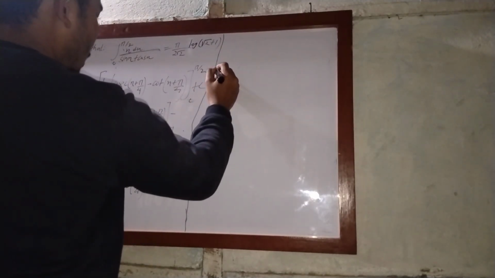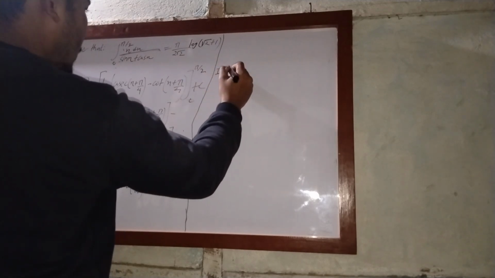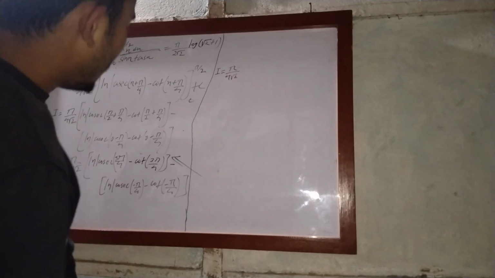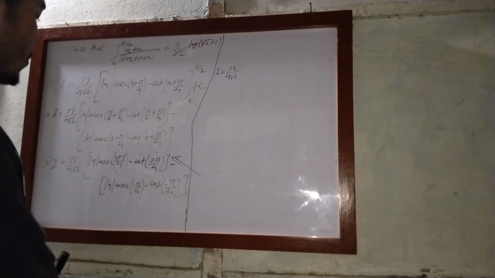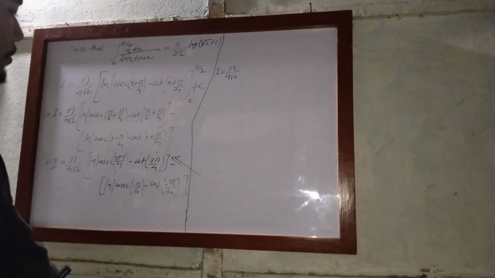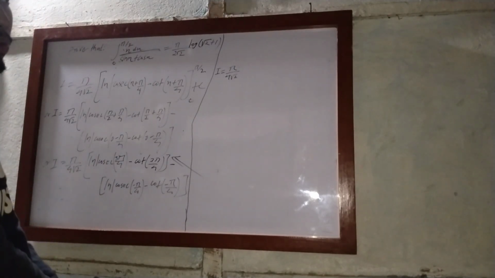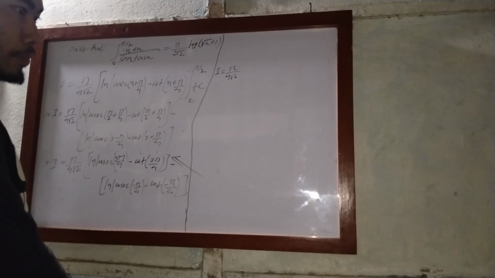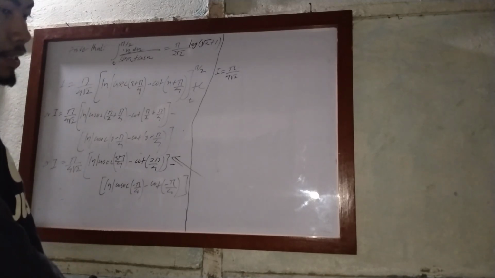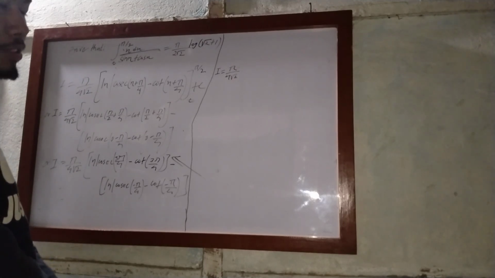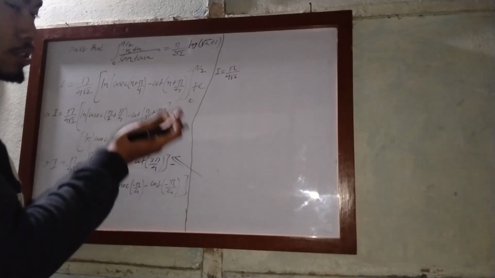This I is equal to pi by 4 root 2. Now the value, this is what? 135 degree. Cosec 135. Before that we have to know the value of sine 135, knowing sine 45 degree. Sine 45 degree is equal to 1 by root 2 and sine 135 degree is equal to 1 by root 2. So cosec is the inverse.